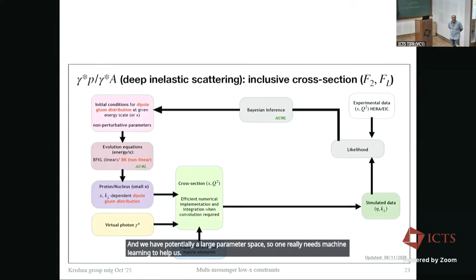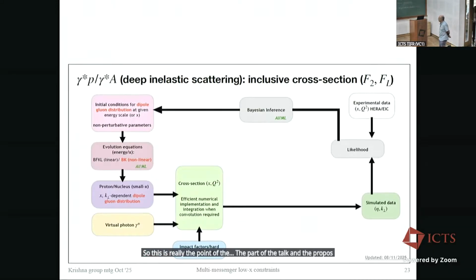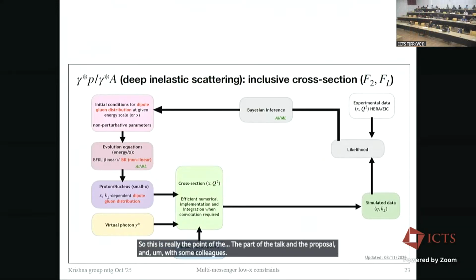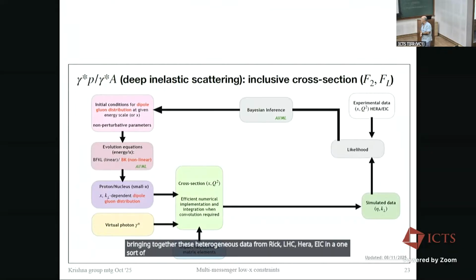So this is really the point of the talk and the proposal, and with some colleagues, I'm writing a new paper on this, to really propose bringing together these heterogeneous data from RHIC, LHC, HERA, EIC in one sort of grand Bayesian framework.